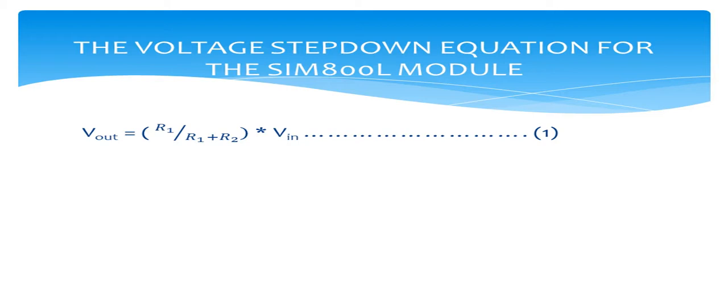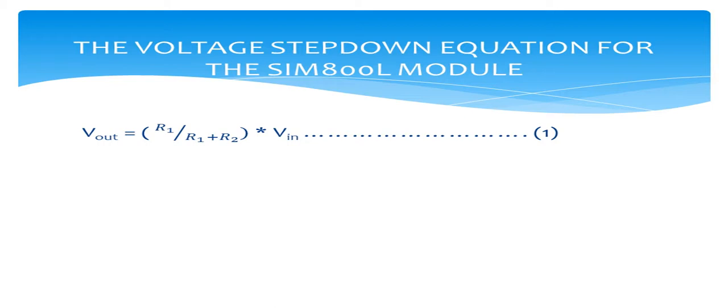In equation 1, Vout is the step down voltage to the SIM module, while R1 is the 4.7 kilo ohm resistor from the microcontroller, connected between the SIM module receiver pin and the Arduino microcontroller.